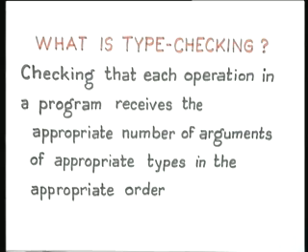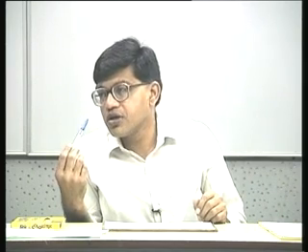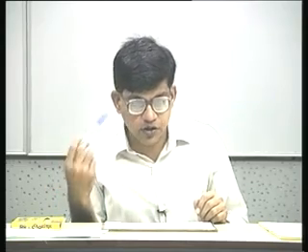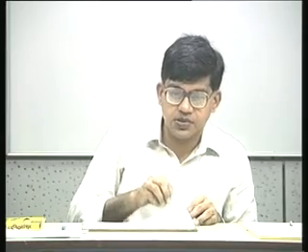However, in any applied lambda calculus where there could be n-ary functions, n-ary operations, you will have to check all these things. So, for example, if the operation is not commutative or it is over a multi-sorted structure, then all the arguments should come at appropriate times, in the appropriate order, and they should all be of appropriate types, right.